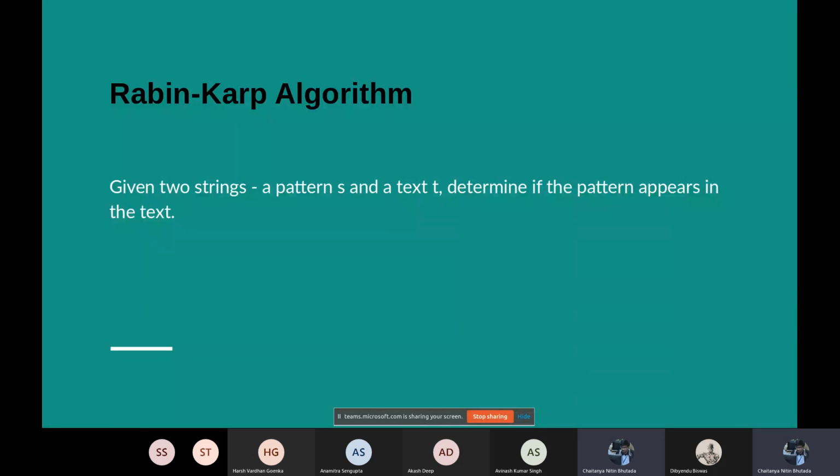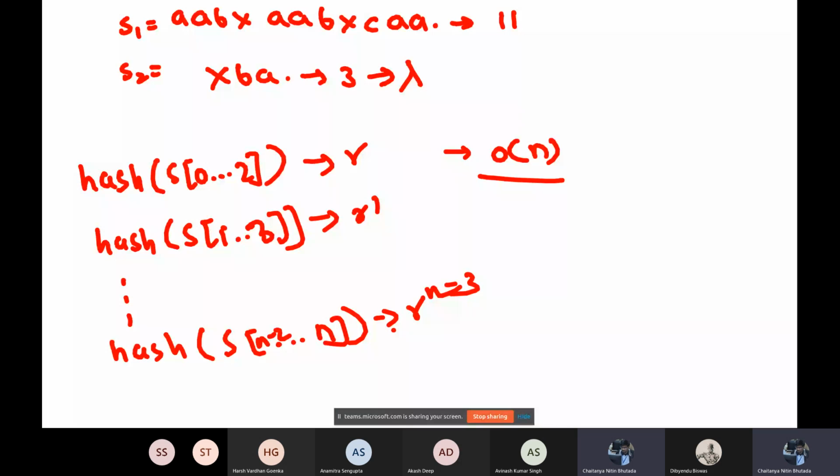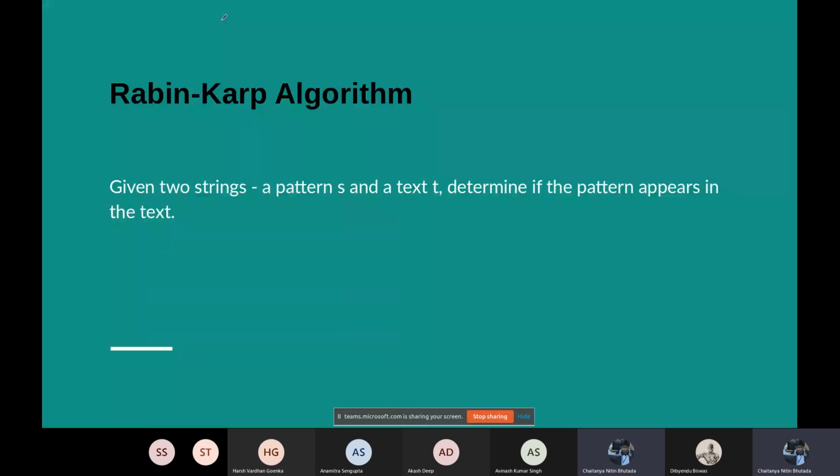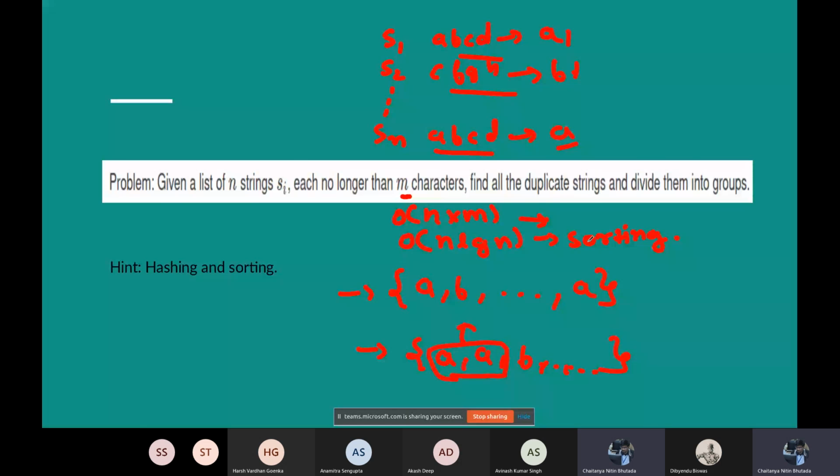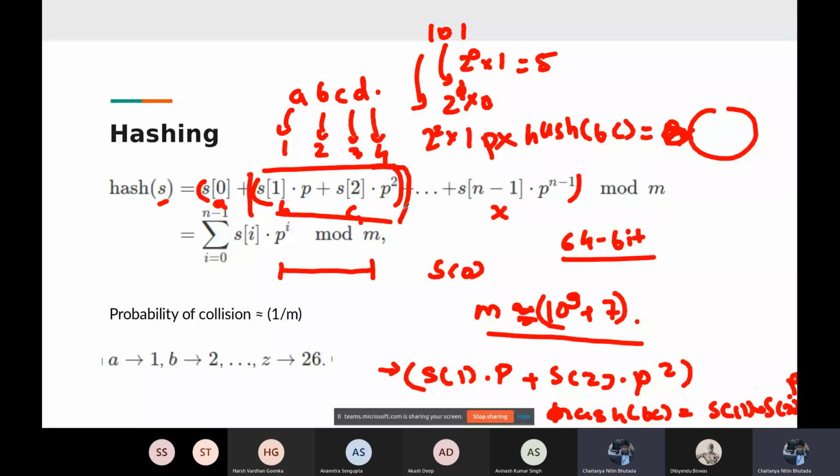Okay, so this was the Rabin-Karp algorithm, nothing else. Given a pattern P and a string S to check, but here we rely on a probability that the strings will not collide. Like we take mod m, right?